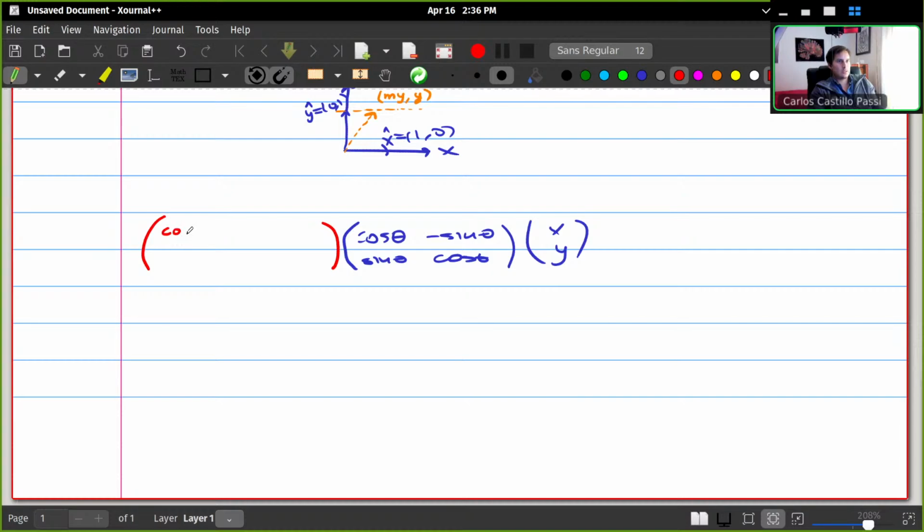That means that this would be cosine of minus theta, minus sine of minus theta, and the same for all the other components.